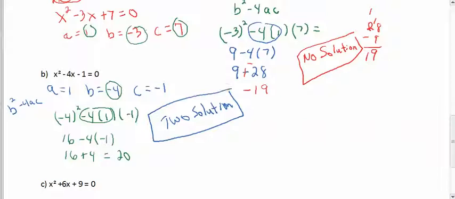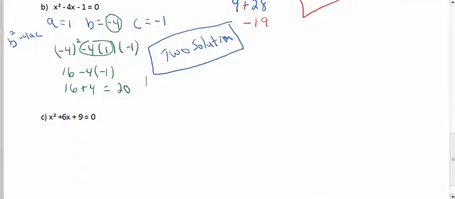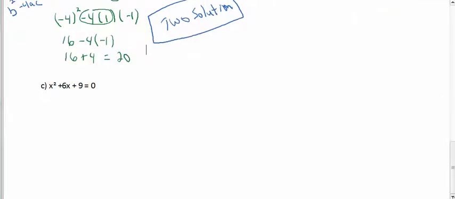And then the last one, I look and ask, is it in standard form? And it is. I'm going to find my a, b, and c. My a is 1, my b is 6, my c is 9. Again, it's b squared minus 4 times a times c.